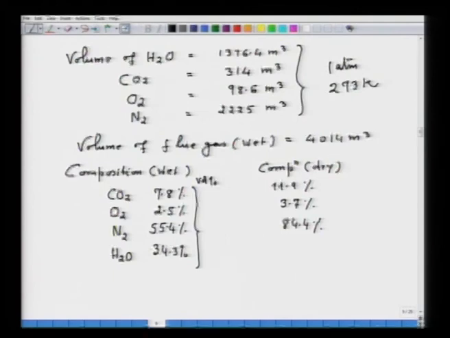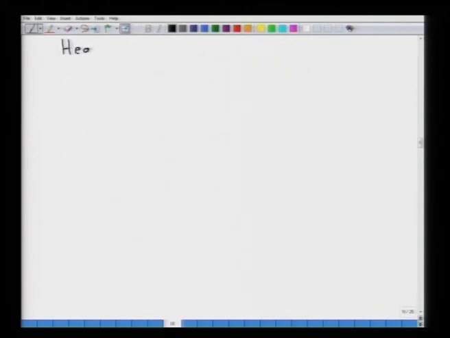So, heat balance we have to do. Heat input 1 will be by combustion. So, you have to calculate C plus O2 giving CO2 and H2 plus half O2 giving H2O.